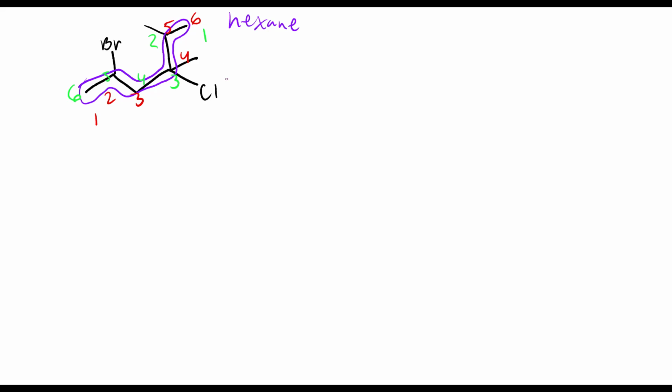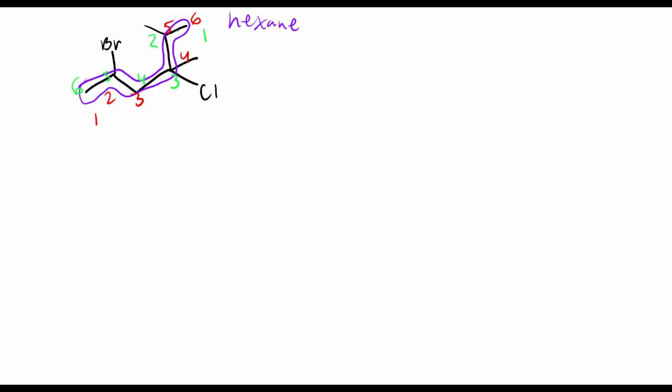And if I can have something on a lower number, like chlorine and methyl on a lower number, that's good. I want 3. This methyl group right here, it could be on 2. I'd rather have a 2 methyl than a 5 methyl. The bromine, it's not good that it's on 5, but these 2 sections right here, if I can have them both on a lower number, that's great. I want that. So we will say that the green one is going to be the correct way to number it.